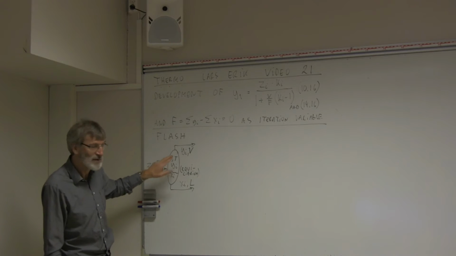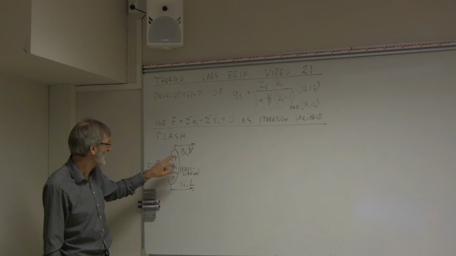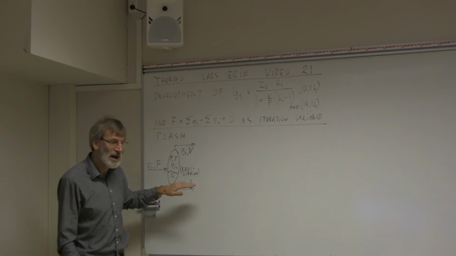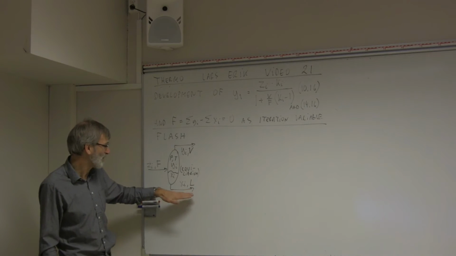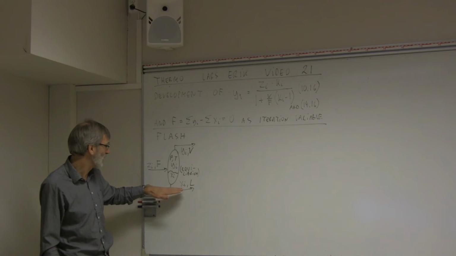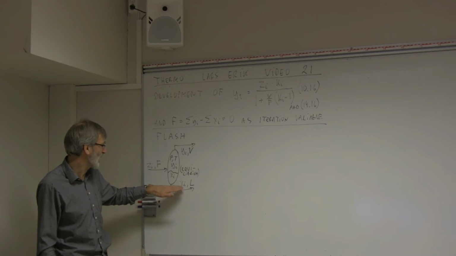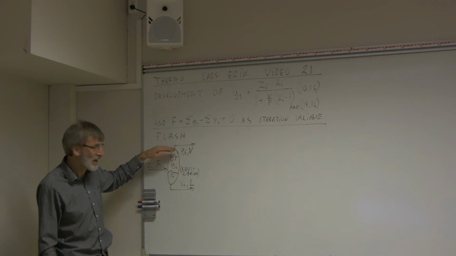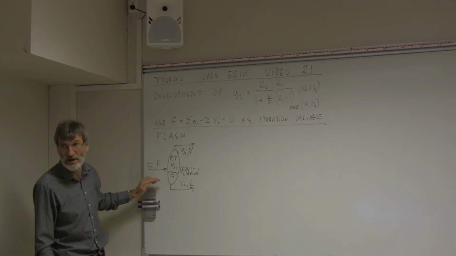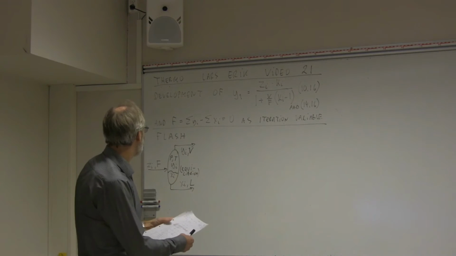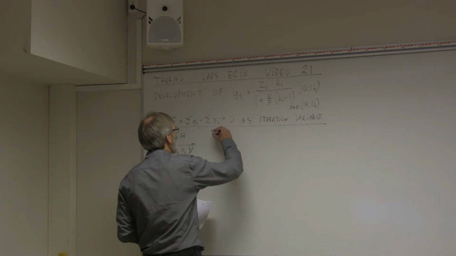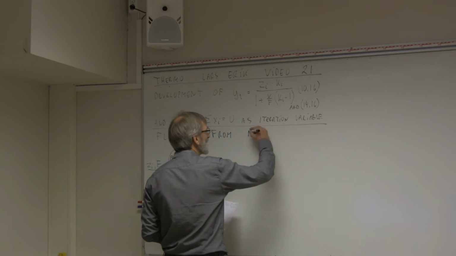Then we have a flash with a pressure and a temperature, and we have a vapor with a vapor composition, the y's, and we have a liquid with the liquid composition, the x's. And we assume that there is equilibrium between the vapor phase and the liquid phase. And then we start with material balances.